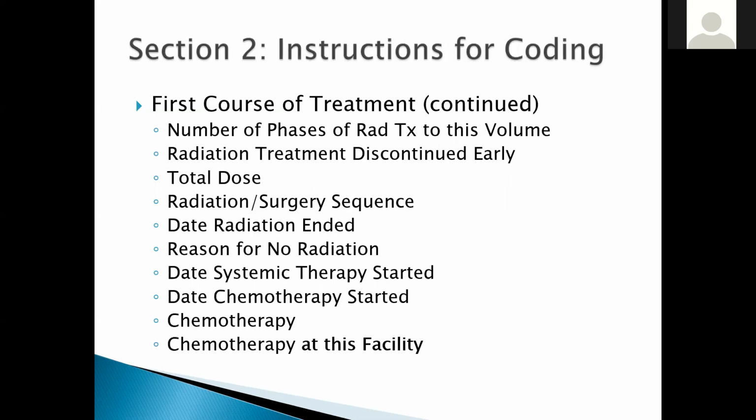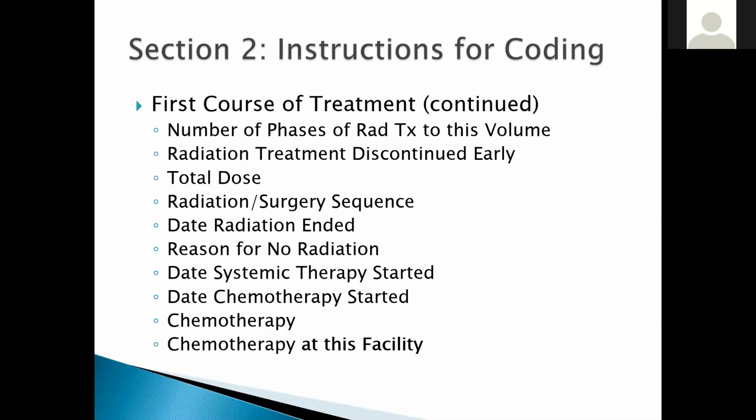There are even data fields to describe the sequence in which a patient received treatment. For instance, systemic surgery sequence. Did the patient receive the systemic therapy, the chemo, immunotherapy, the hormone therapy before or after surgery? Or they can sometimes even be given it before and after surgery.